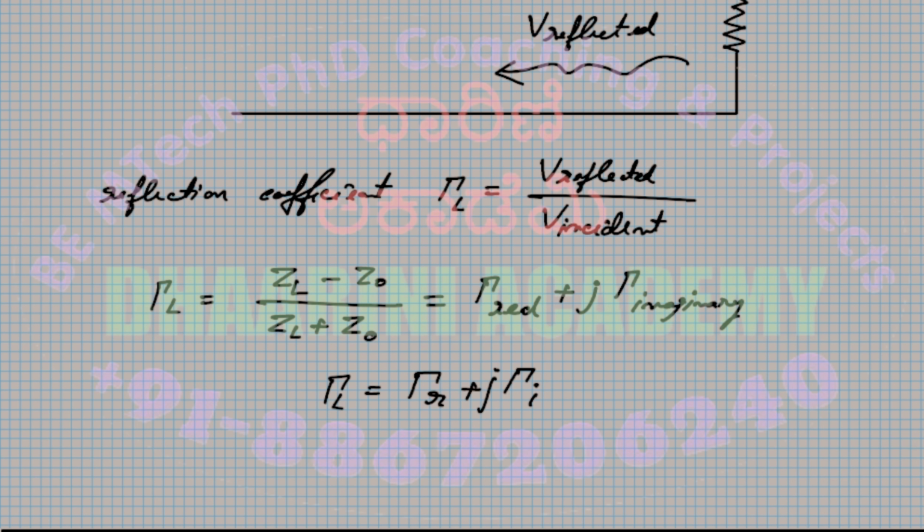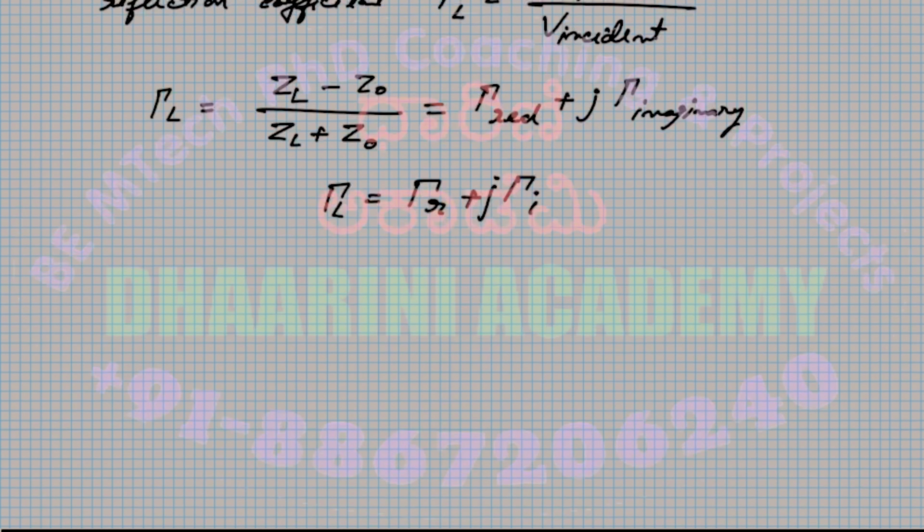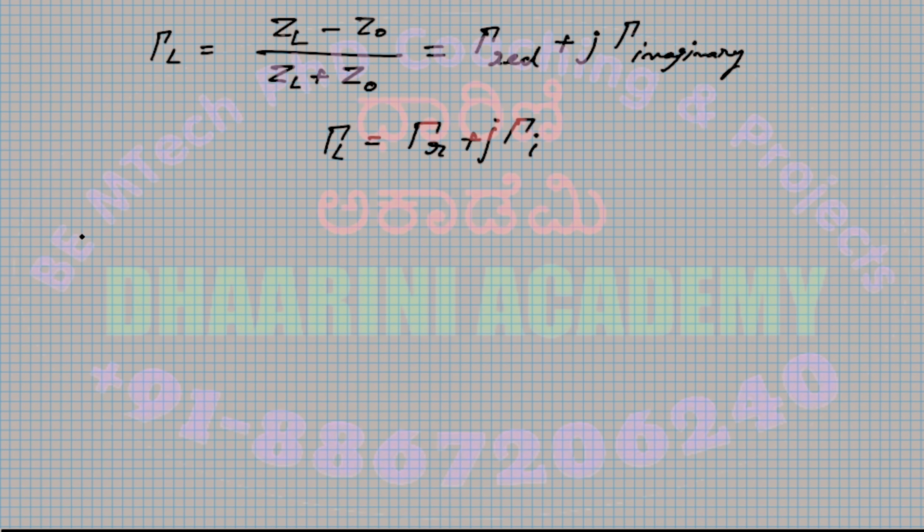Okay. Now what we try to do here is, simply in order to represent the numbers in a simplified fashion, or in order to reduce the number of unknown parameters, we do what is called normalization. All right. So normalization happens for any Z, it can be normalized. So first let's go for that.